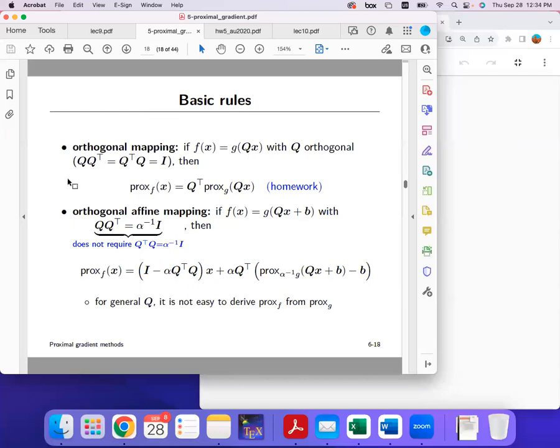Again, write down the definition of the proximal mapping and do some linear algebra, and we can show this. And if there's an extra offset term plus b, the expression becomes even more complicated. So the proximal mapping of f can be expressed in this way, with regard to the proximal mapping of g.